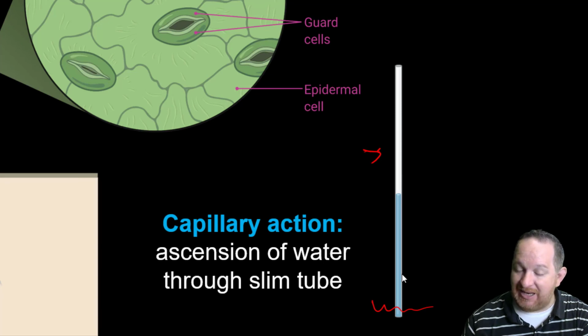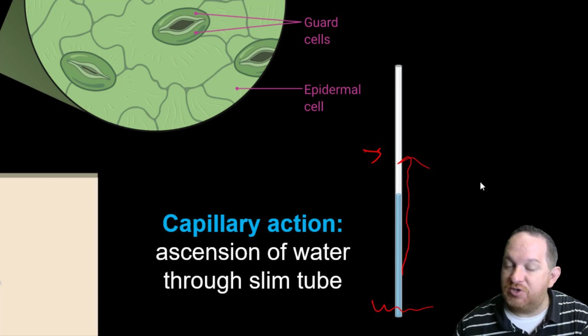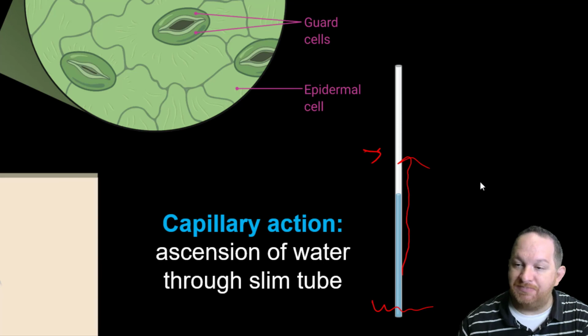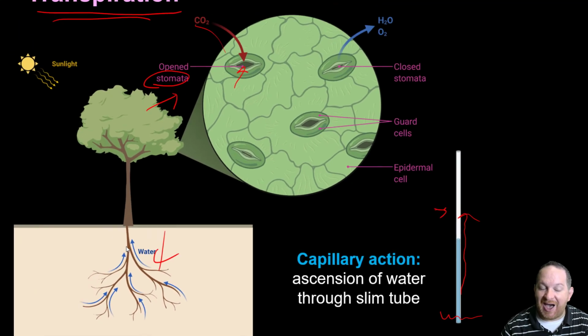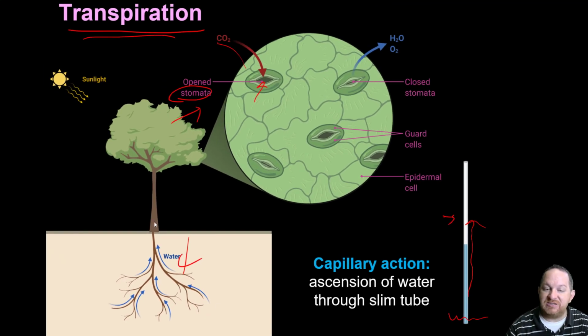It sticks to the side and it sticks to each other. The water will slowly move up the small tube. That's called capillary action. And so the same thing is kind of happening here in a plant, where the water molecules are slowly moving up through the plant because water is cohesive and adhesive.